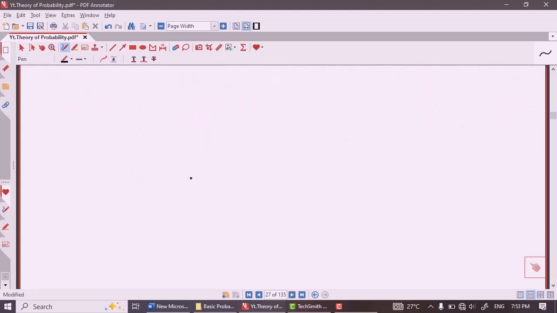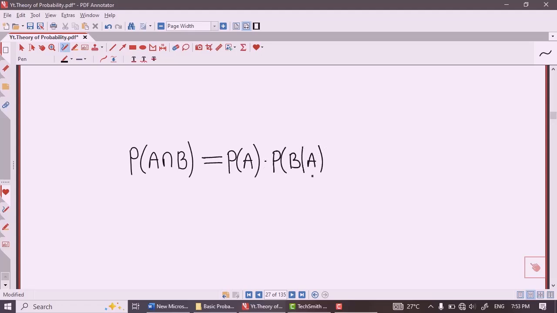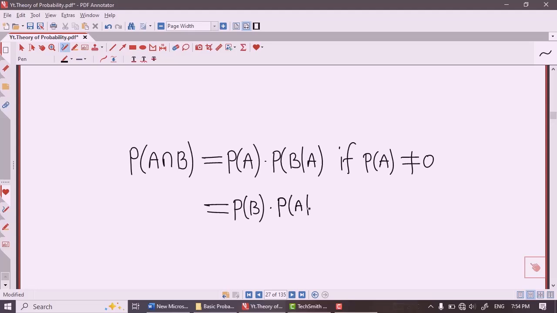So whenever we want to find the probability of intersection of two events, we now have the multiplication rule of probability. Suppose I am writing probability of A here, then here I will write probability of B given A, and this I can apply if probability of A is non-zero. And suppose I am writing probability of B here, then in the product I will write probability of A given B, that is conditional probability, and here we require probability of B is non-zero.